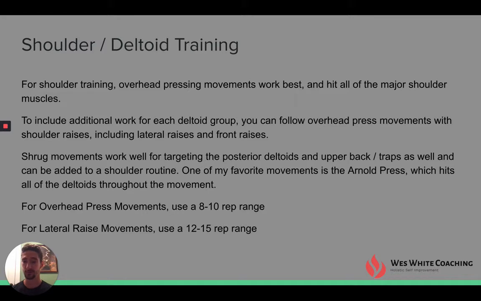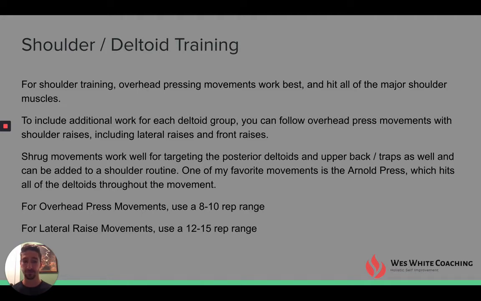Shrug movements are another training mechanism to hit the shoulders. For these, you're going to be targeting more of the posterior deltoids in the upper back or traps. You can actually feel that when you shrug your shoulders up, there's a lot of back involved in that, right? You can feel the upper back getting hit. And so that's the type of training that we're going to do to target each one of the deltoids individually.